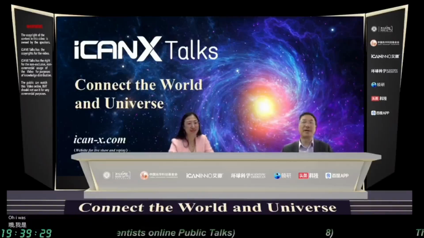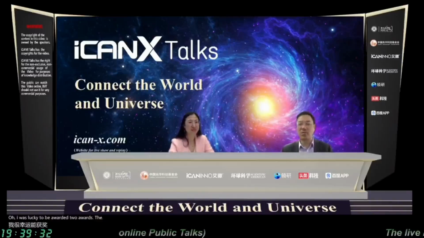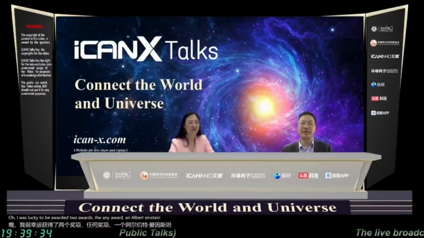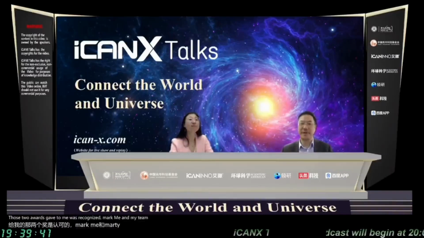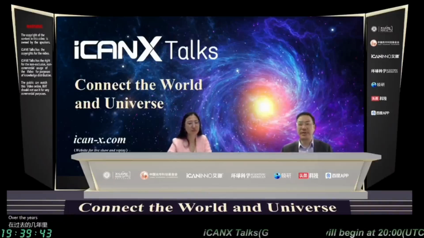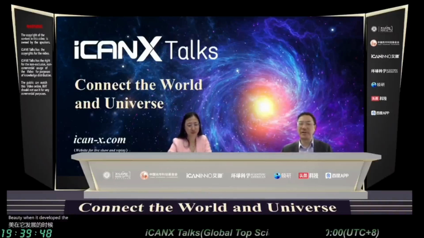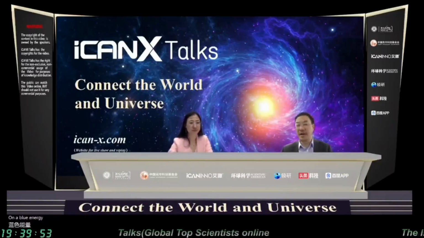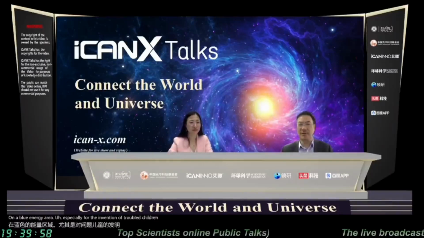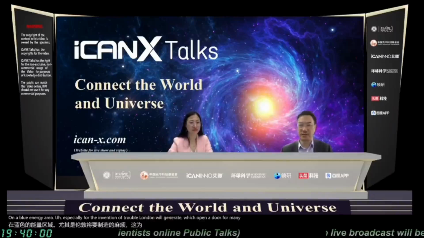I was lucky to be awarded two awards, the ENI Award and the Albert Einstein Award in Science. Those two awards were given to recognize me and my team, my people. Over the years, we developed the nanogenerator-based solar power system, blue energy area, especially the invention of the triboelectric nanogenerator, which opened a door for many fields, for many future applications.